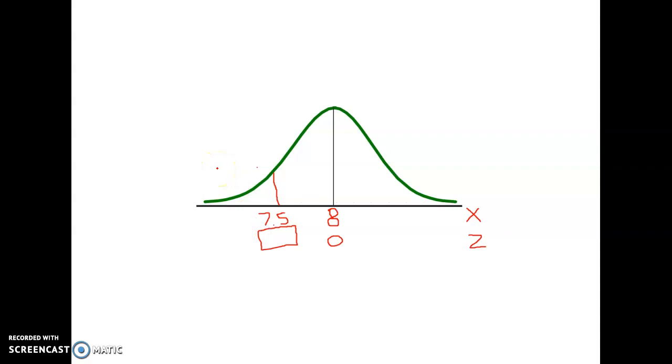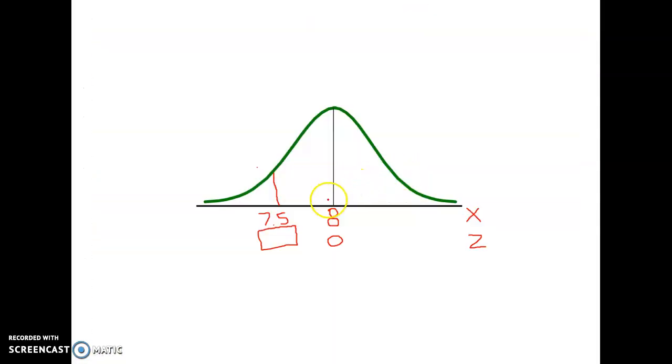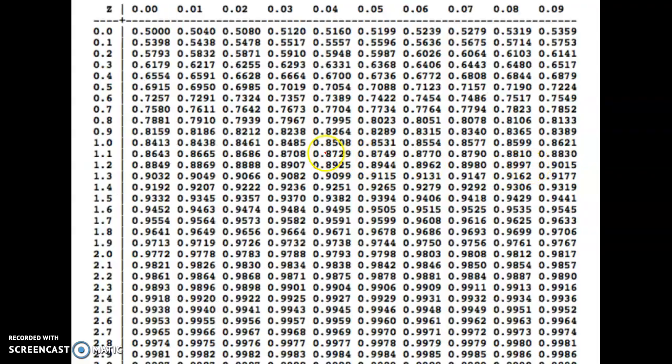Well, to do that, we need some information. Notice it tells us that the standard deviation is 0.04. So we can easily find that z-value by looking at this difference here, which is, clearly 7.5 is 0.5 negative away from 8. So we can take 0.5 negative, and divide that by the standard deviation of 0.4.